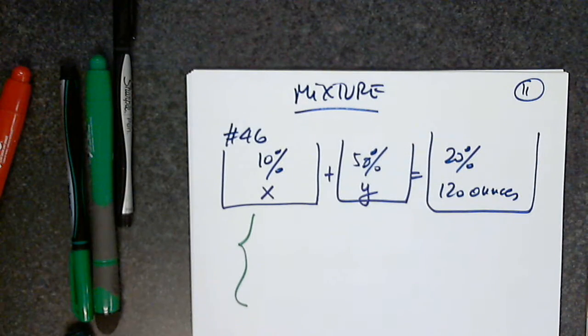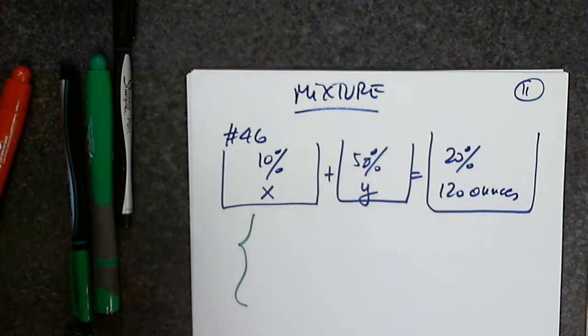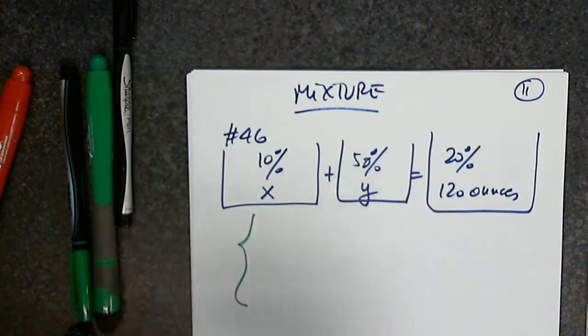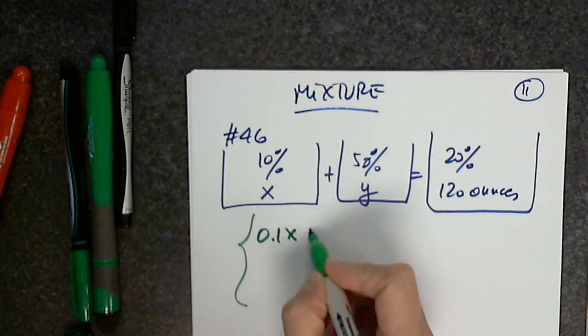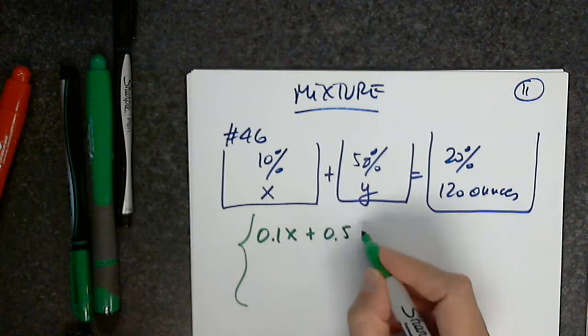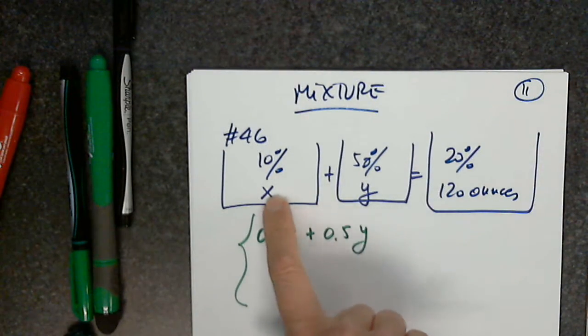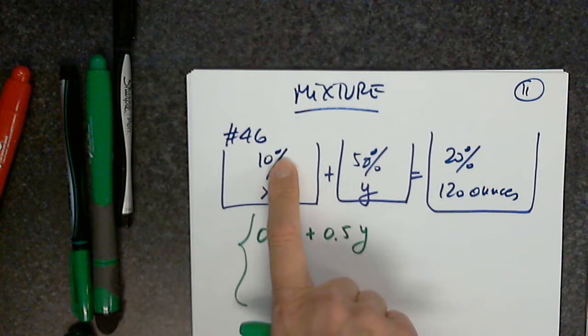I cannot use percent. You're on the right track, but I cannot use percent in an equation. So I have to write point. Yes, 0.10x plus 0.5. Yes, so stop for 1 second. You said number of ounces times concentration. Good.